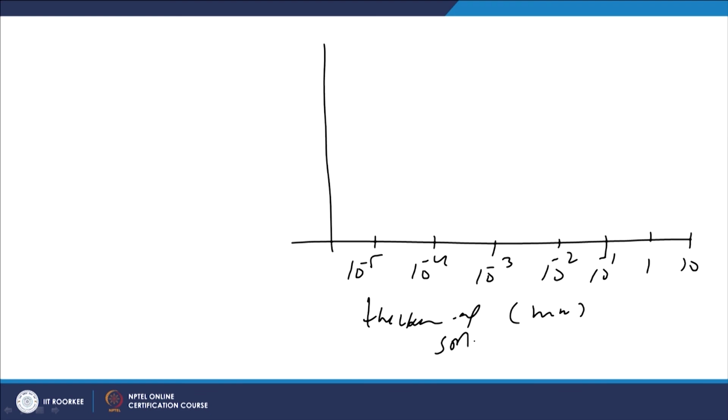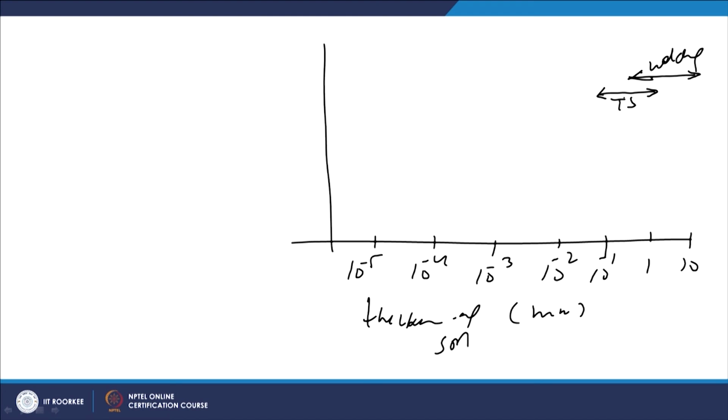If we go by the thickness, the welding based methods will be somewhere here. They are used for very thick coatings, greater than 1 mm or 1000 micrometer. Then thermal spraying may be used in the band of like 50 to 1000 micrometer.